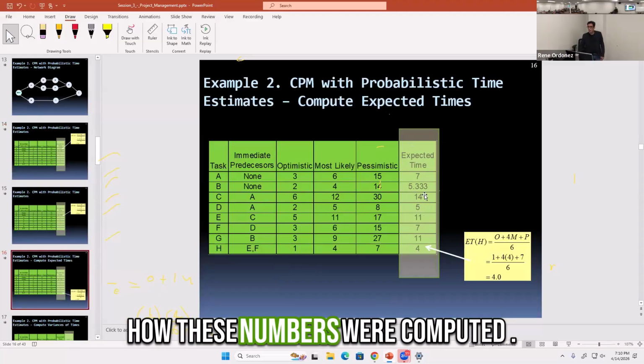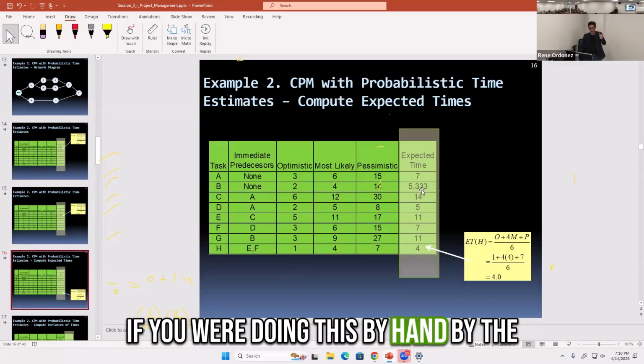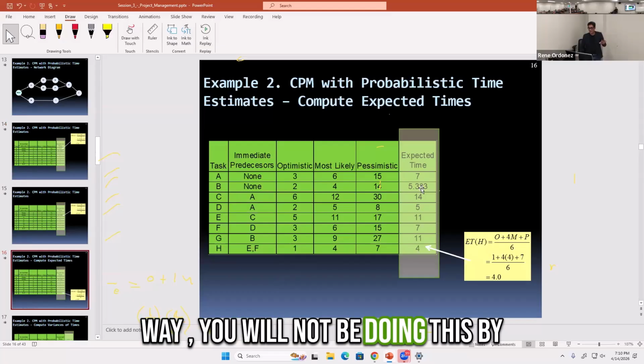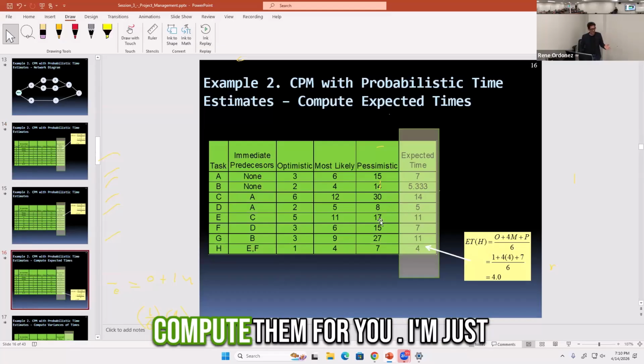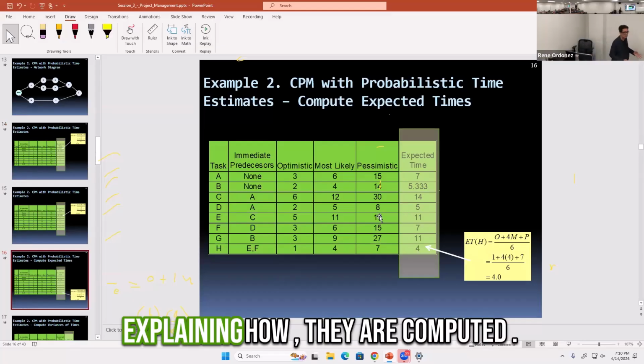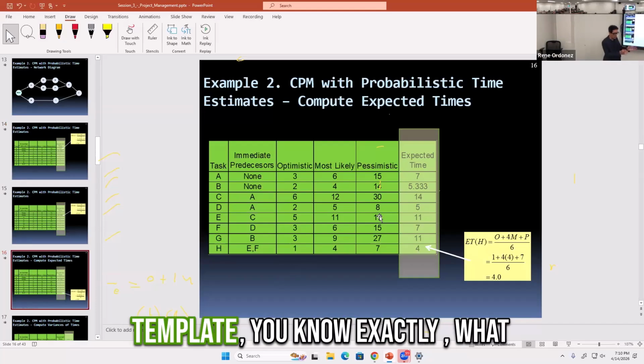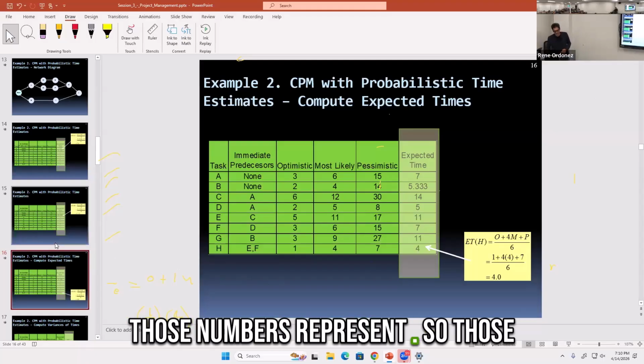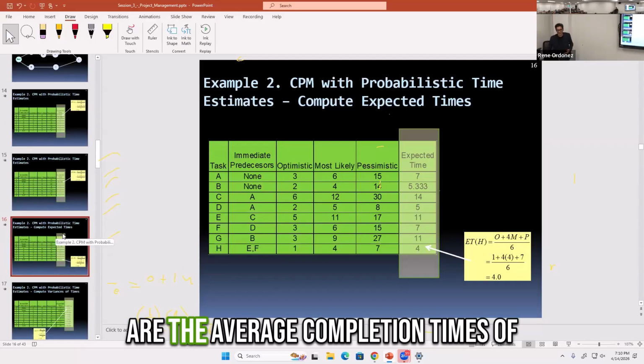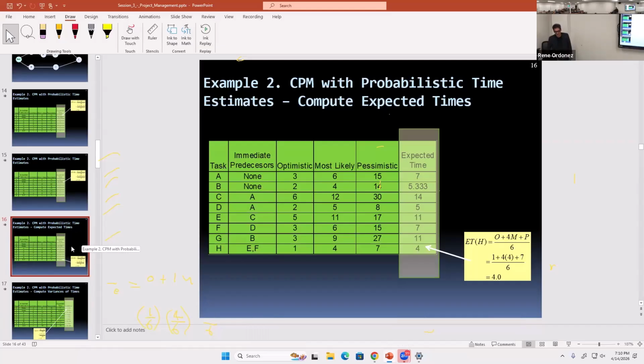So that's how these numbers were computed. You will not be doing this by hand, because the template will compute them for you. I'm just explaining how they are computed, so when you look at the template, you know exactly what those numbers represent.